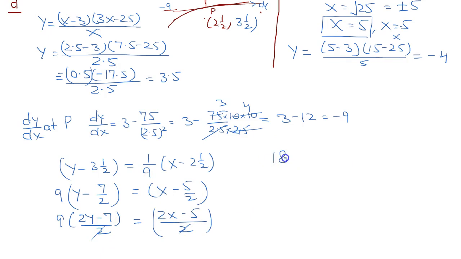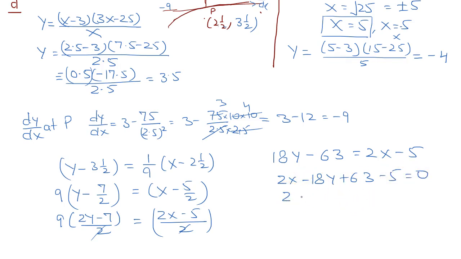This is 18y minus 63 is equal to 2x minus 5. So 2x minus 18y plus 63 minus 5 is equal to 0.